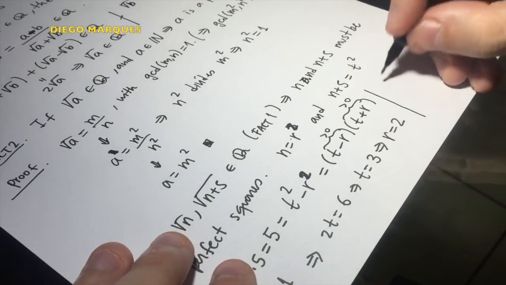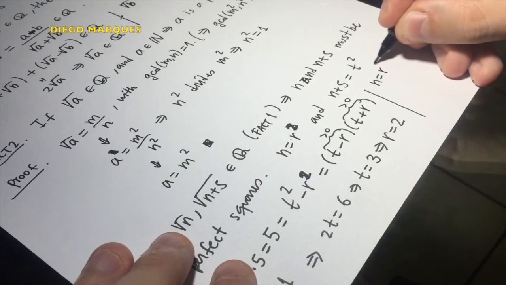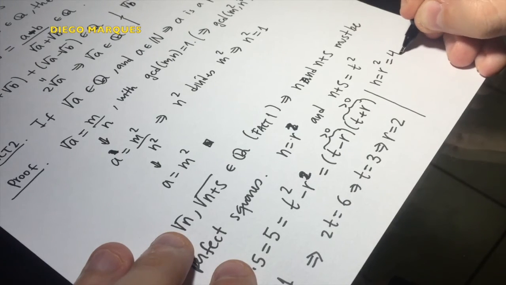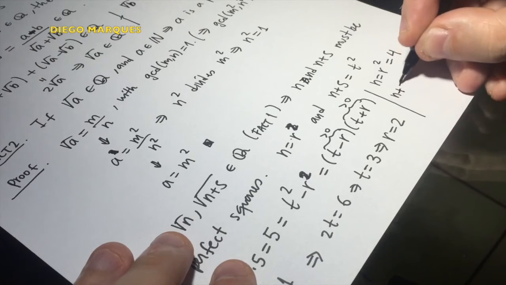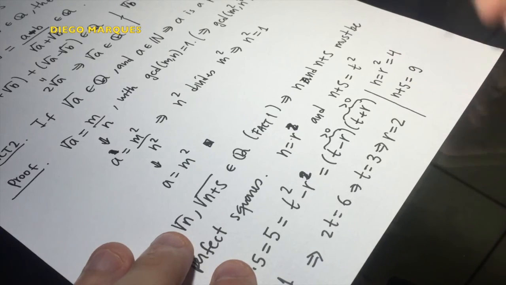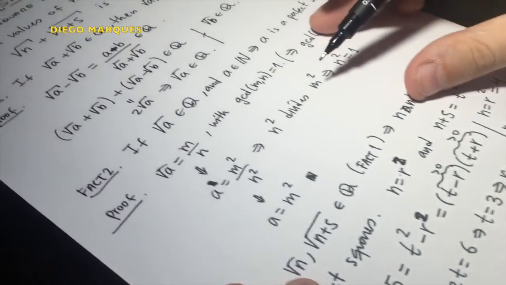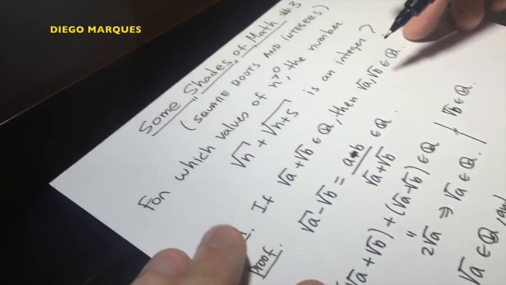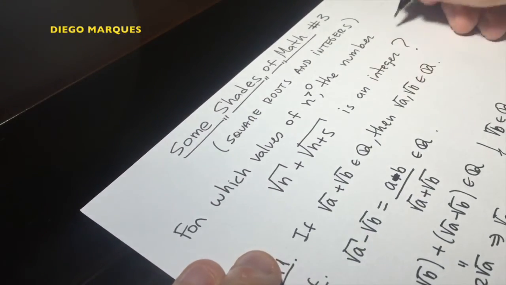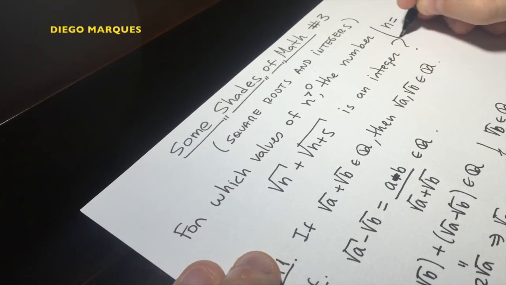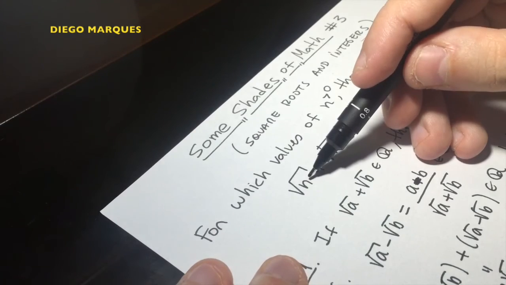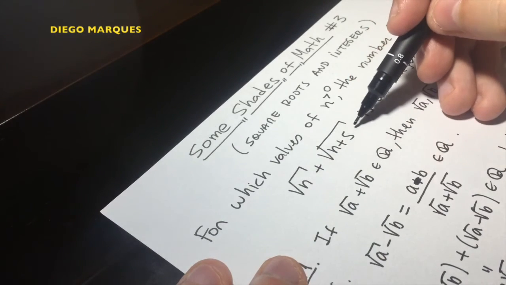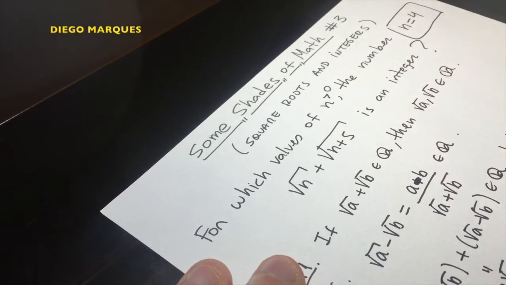So n is equal to r squared, so this is 4. Okay, and n plus 5 is equal to 9. So the only solution is n equal to 4. So square root of 4, which is 2, plus square root of 9, which is 3. So the sum is equal to 5.